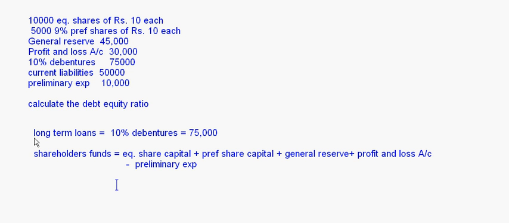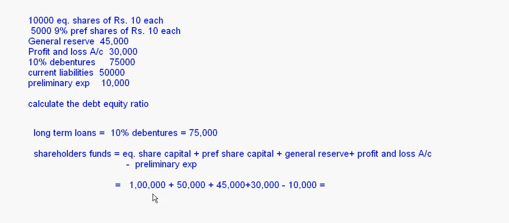So this comes to equity share capital, they have given 10,000 shares of rupees 10 each, which is 1 lakh rupees, plus 5,000 shares of rupees 10 each, that is the preference share capital, so this is 50,000, plus general reserve is 45,000, plus profit and loss account is 30,000, minus 10,000, your preliminary expense.